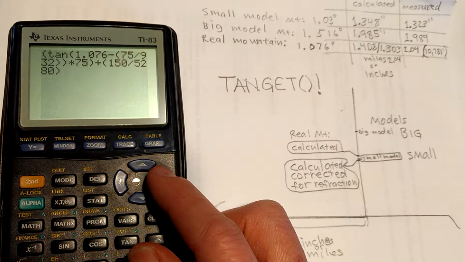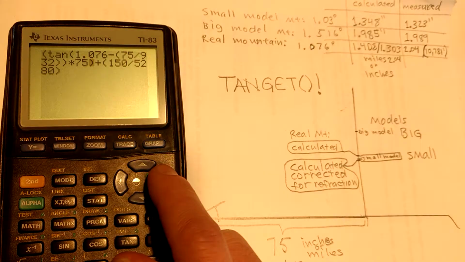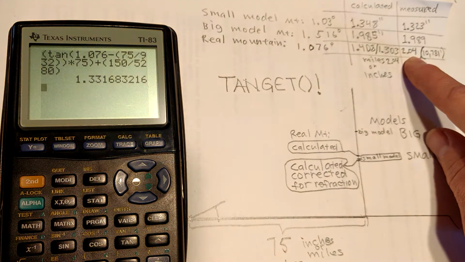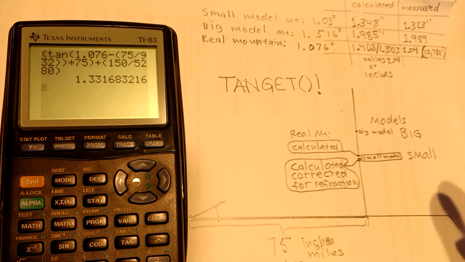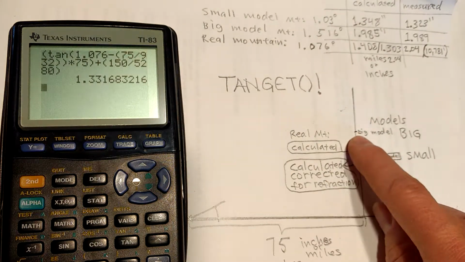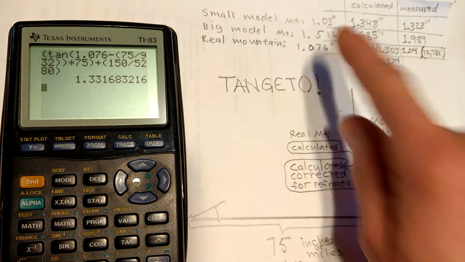We multiply it times 75, which is the distance here. Then we simply add on our elevation of 150 feet, converting it to miles, and we get 1.33 miles, which is way, way less than 2.04 miles. So you can see the angle would be much greater if the earth were flat. We would actually get 1.5 some odd degrees.